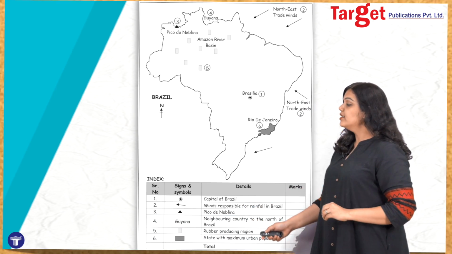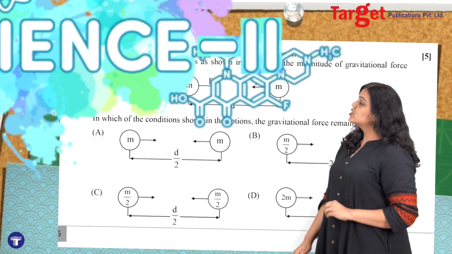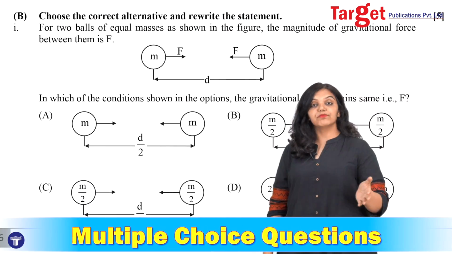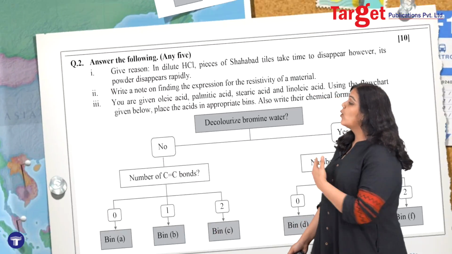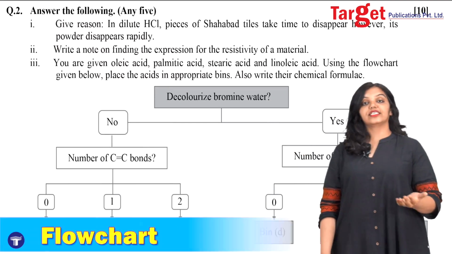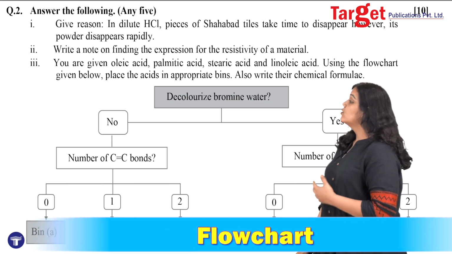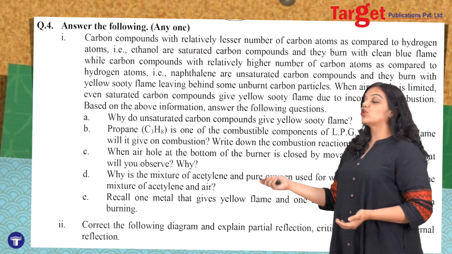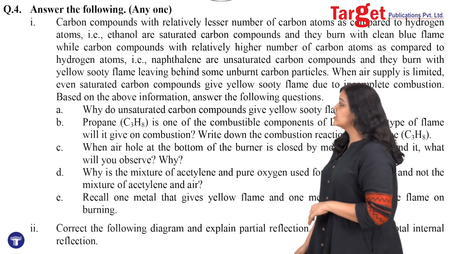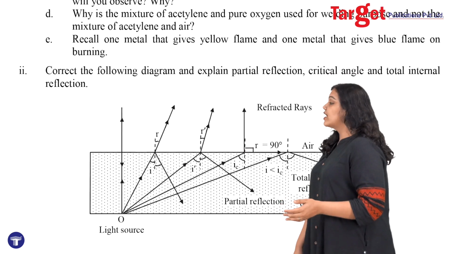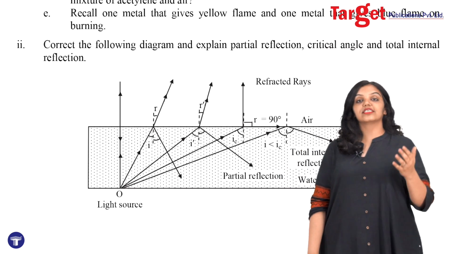You then have questions in Science 1, which is the multiple choice type of questions. You also have questions where you have to complete the flowchart, for example, in chemistry. You also have questions that are based on paragraphs where you have to read the paragraph and answer the different type of questions. We have also provided you with different types of questions in physics.